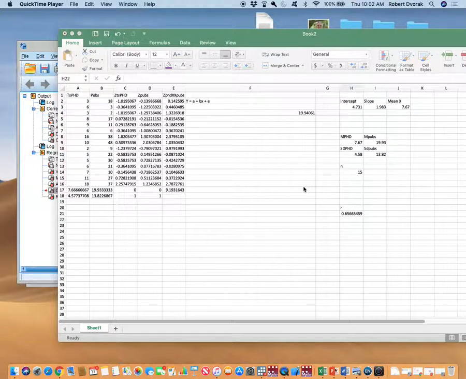What is the entire point of statistical analysis, of inferential statistical analysis? It's to understand why things vary from the mean, right? To understand why everything isn't 19.93 or whatever, right?